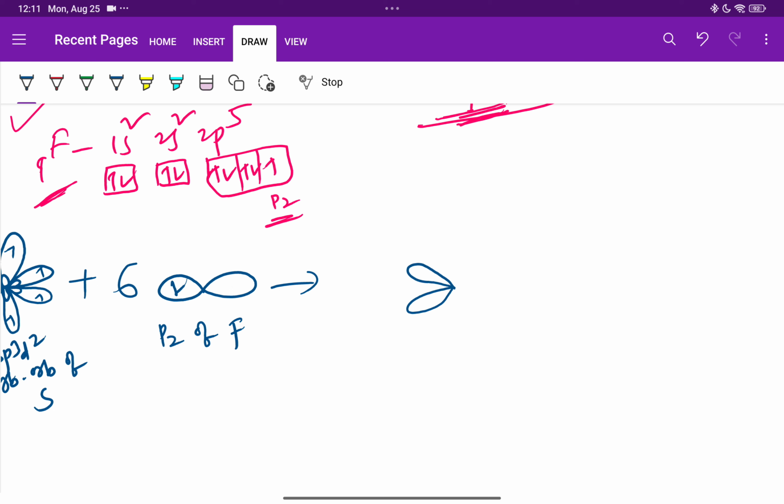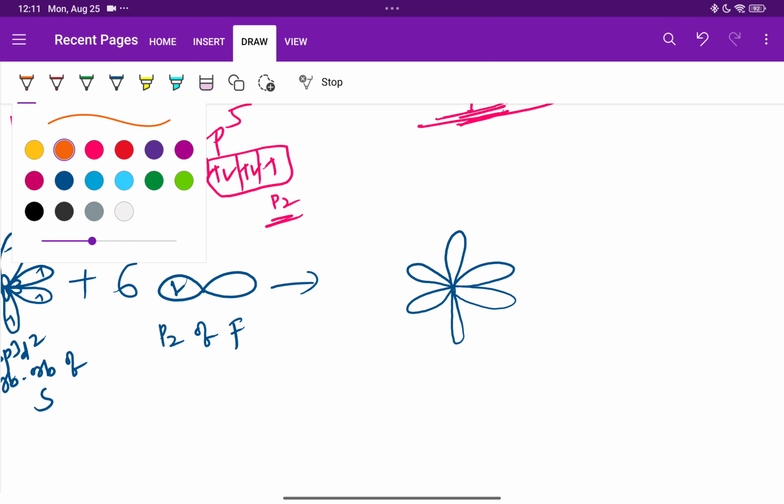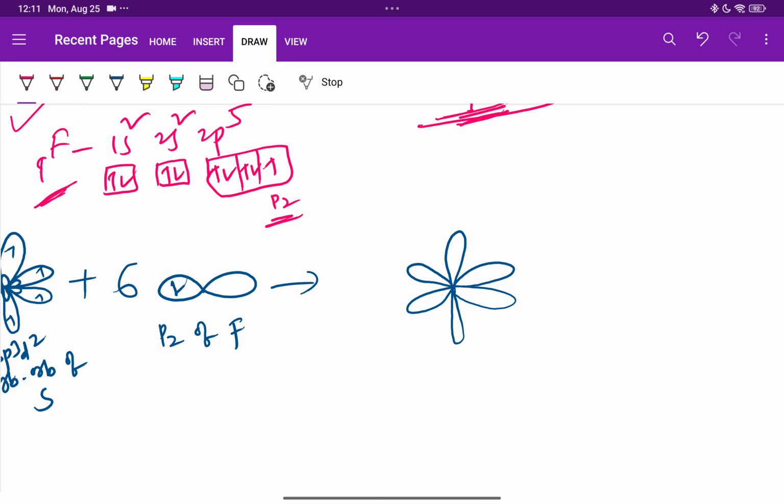1 2 3 4 5 6. So here first pz of fluorine, second pz of fluorine, third, fourth, fifth, sixth pz of fluorine.